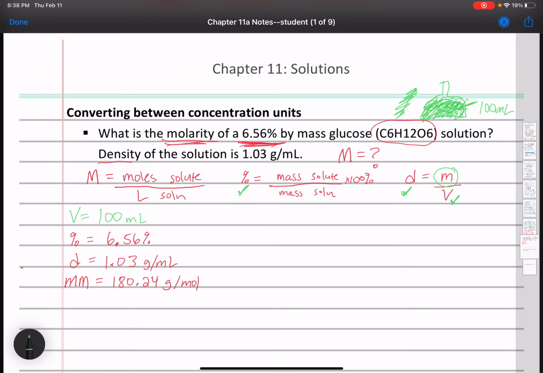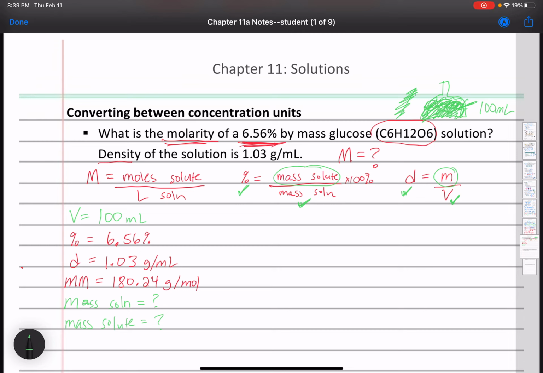We're talking about the density of solution and the volume of solution. So I now have the information. I can solve for the mass of the solution. And if I do that, then I will have the mass of solution here, and I'll be able to solve for the mass of the solute. That's cool.